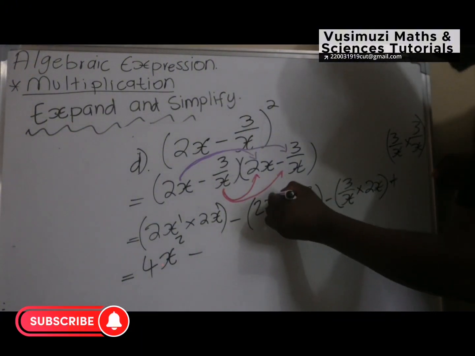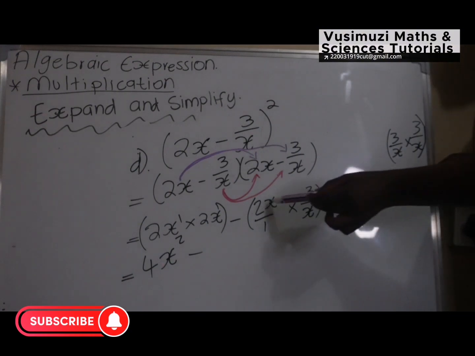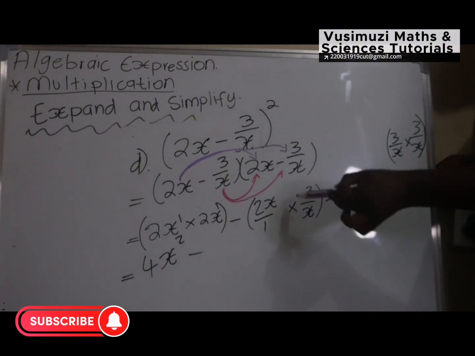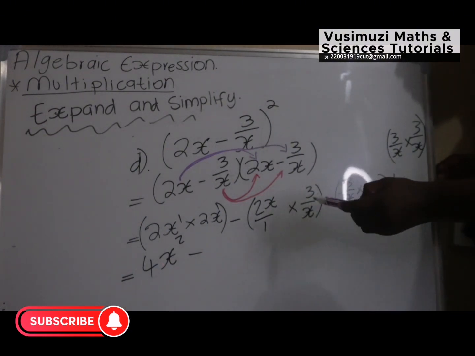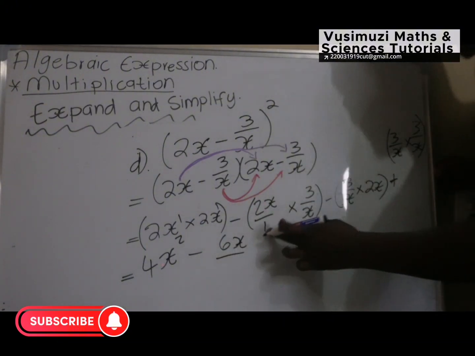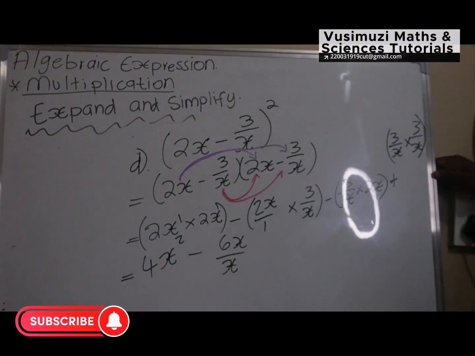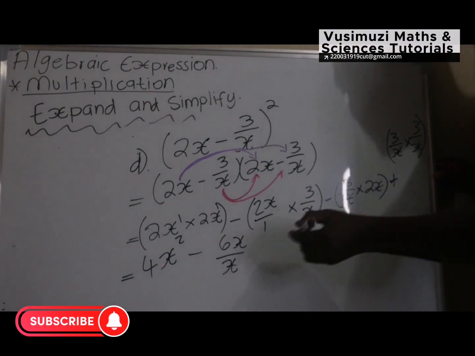This 2x is the same as 2x over 1 here. And when you multiply these fractions, you multiply numerator by numerator, denominator by denominator. Here 2x times 3 is 6x, then 1 times x again, x on the bottom. Am I clear? Yes. I bring down this negative.